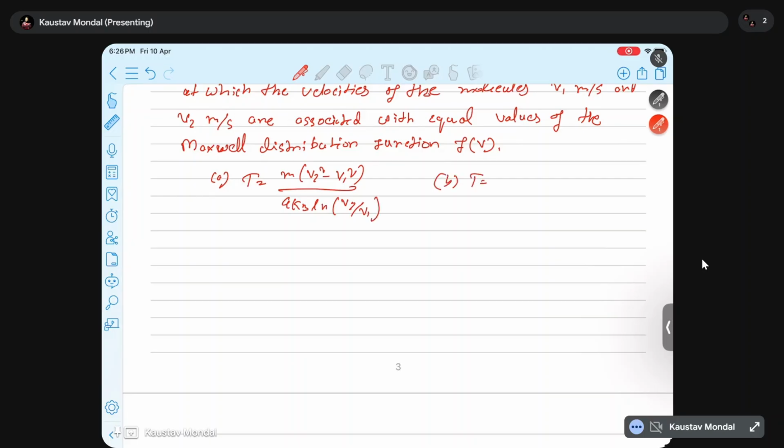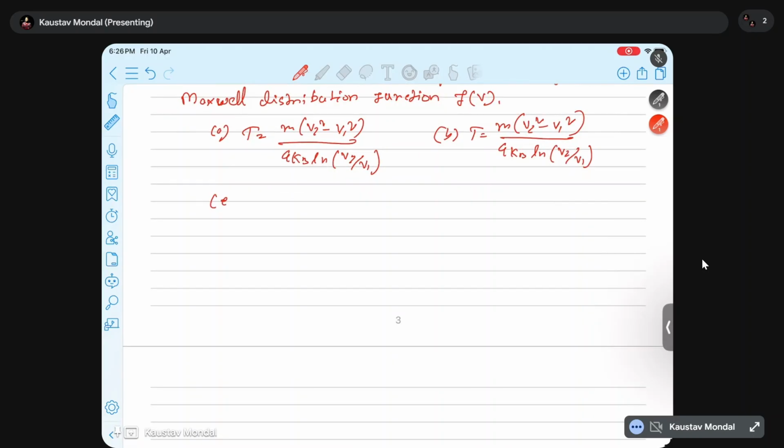Option B is T equal to m v2 square minus v1 square by 4 kb ln v2 by v1. Option C is T equal to m v2 square minus v1 square by 4 kb ln v1 by v2, and option D is T equal to m v2 square plus v1 square divided by 4 kb ln v1 by v2.